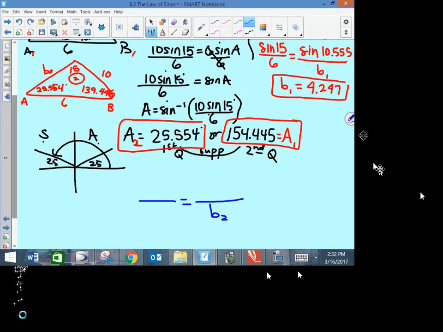Okay, somebody want to give it to me? b2 is right here. Sarah. Sine of 15 degrees from the 6. Yes, I will stand by because those were given to us. Sine 139.446 over B2. Okay.